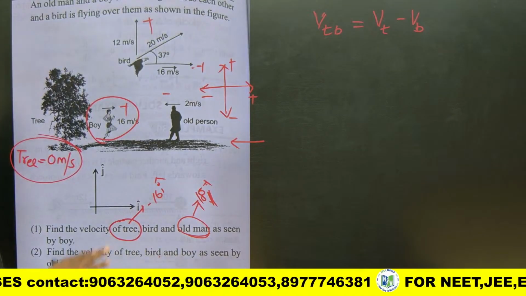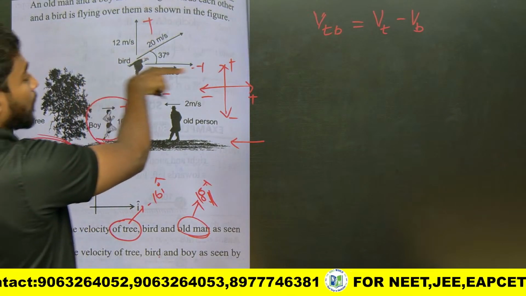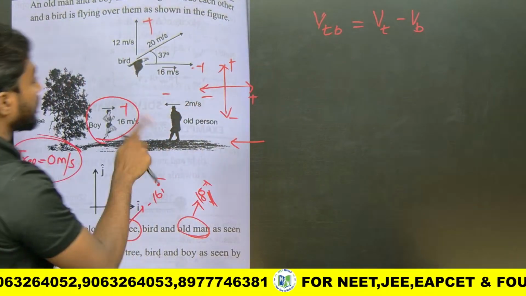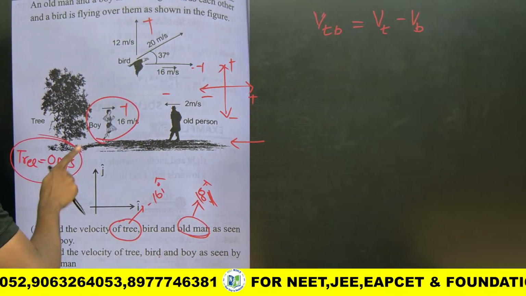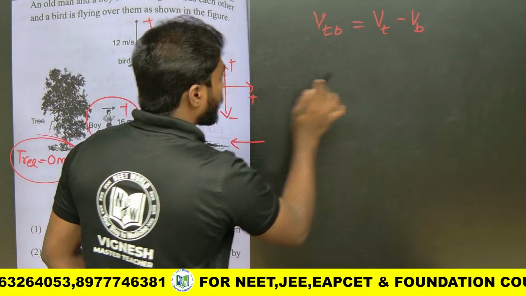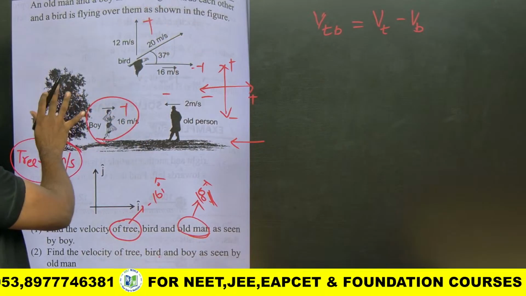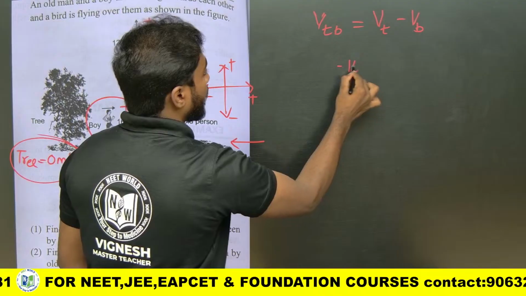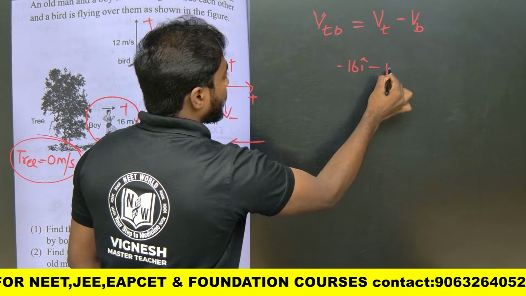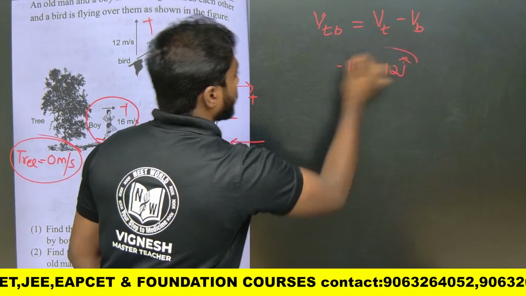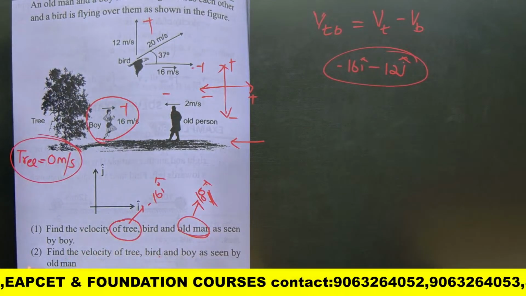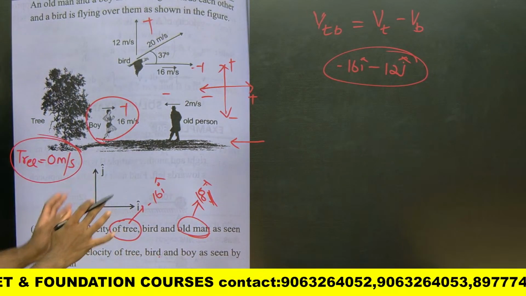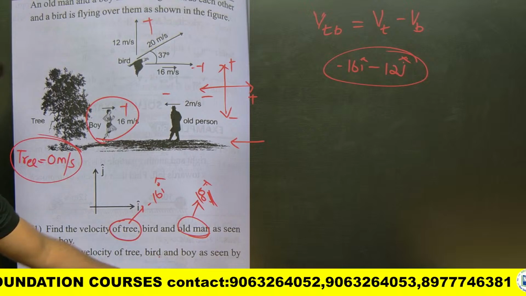If you see the velocity of the bird in this case, one component is along the positive x-axis, one along the positive y-axis. Noted that with respect to the tree, it is minus 16 i cap minus 12 j cap. That's it, this is the answer. Similarly, we will do the velocity of the boy with respect to the bird.